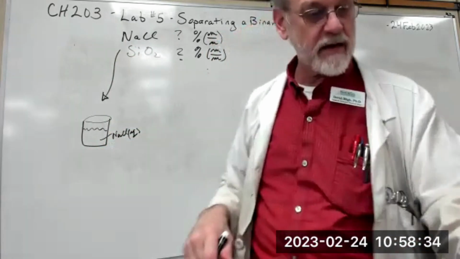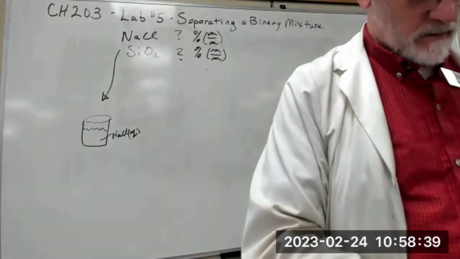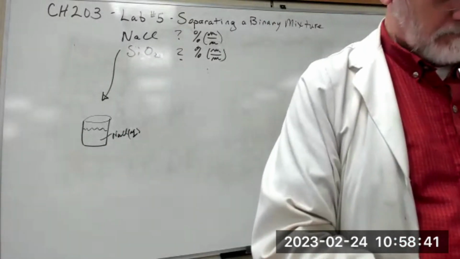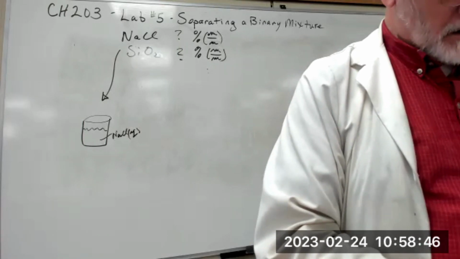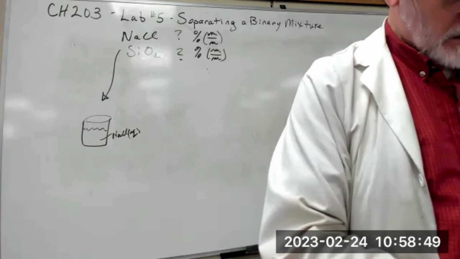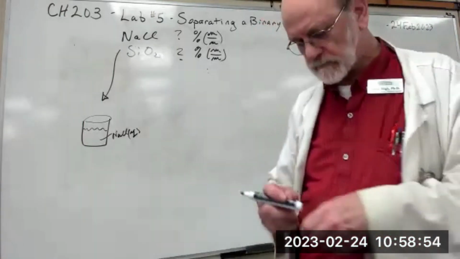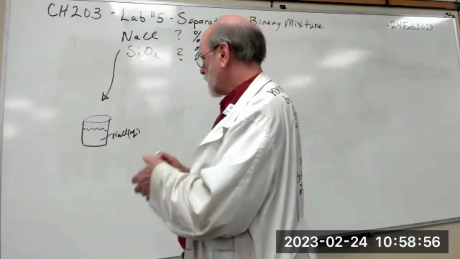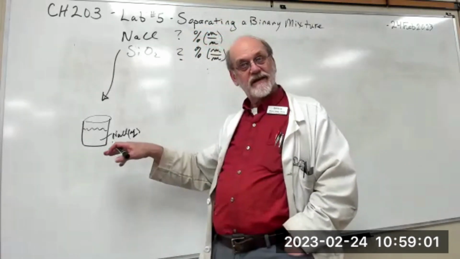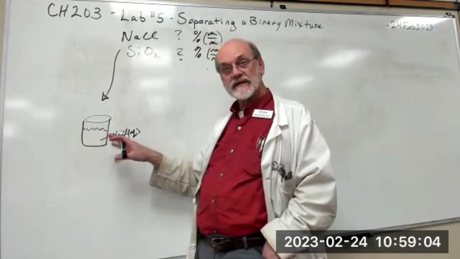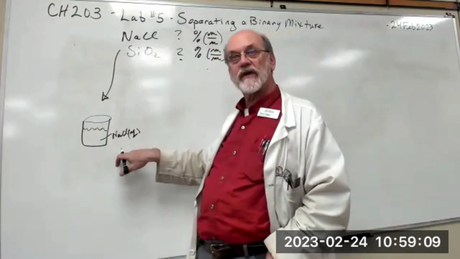And there's a table for that over here somewhere. Yeah, it's on page 71. So if you know the mass of the beaker before you put anything in it, and you weigh it again after you've dried it down, the difference is the sodium chloride. Okay, so you got the mass of the sodium chloride there.